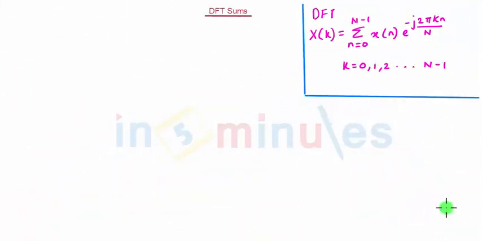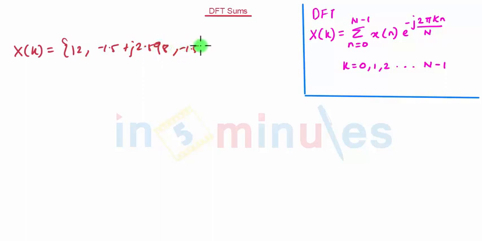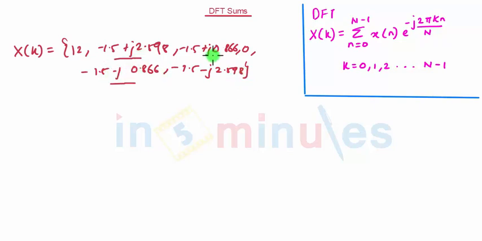Finally, the DFT is X of k is equal to 12, minus 1.5 plus j 2.598, minus 1.5 plus j 0.866, 0, minus 1.5 minus j 0.866, minus 1.5 minus j 2.598. As we can see, these two and the other two are complex conjugate pairs.